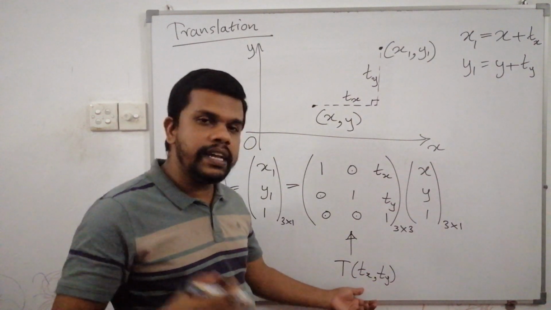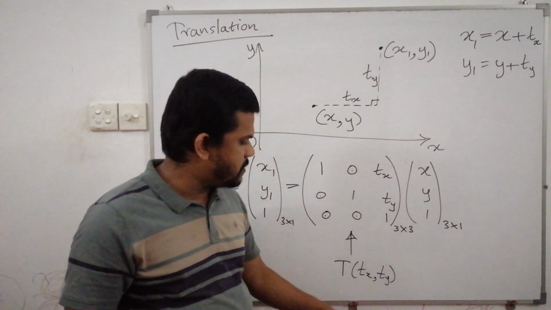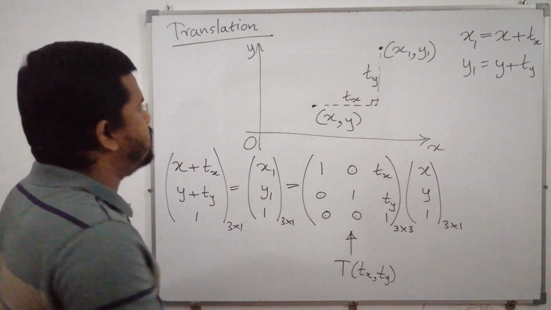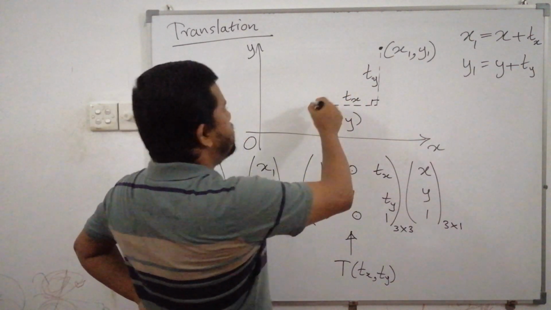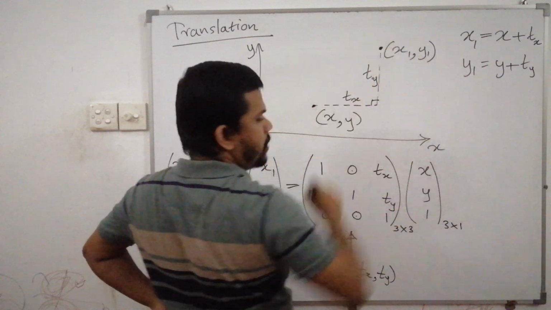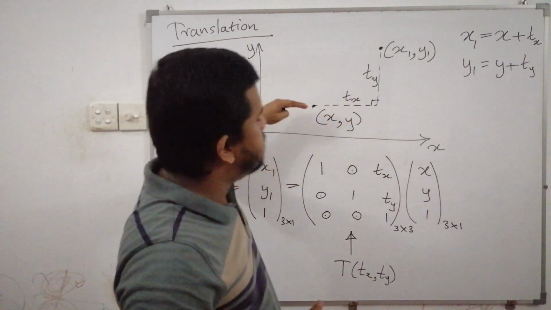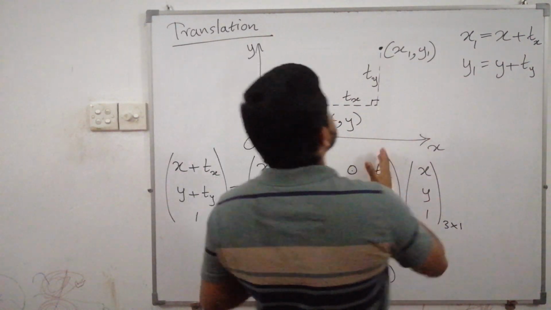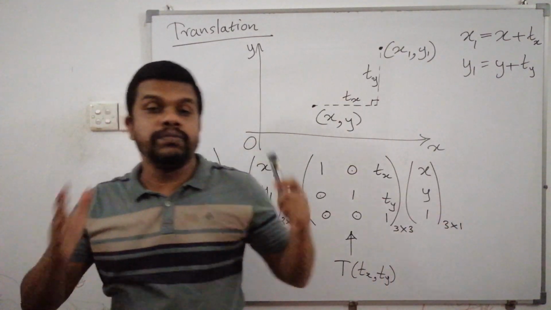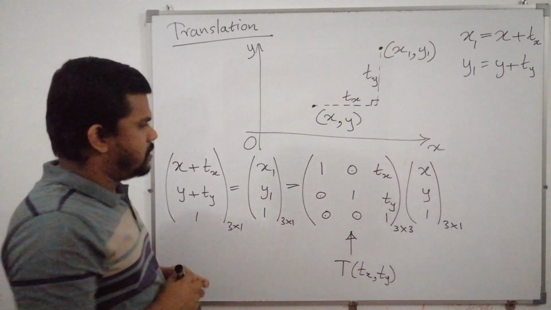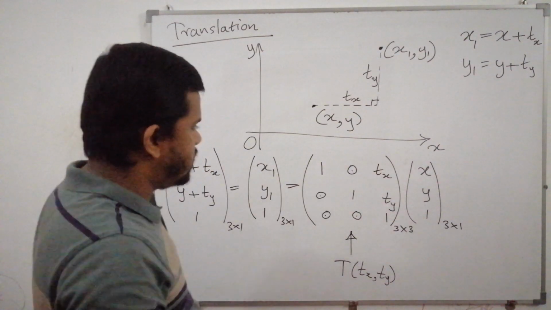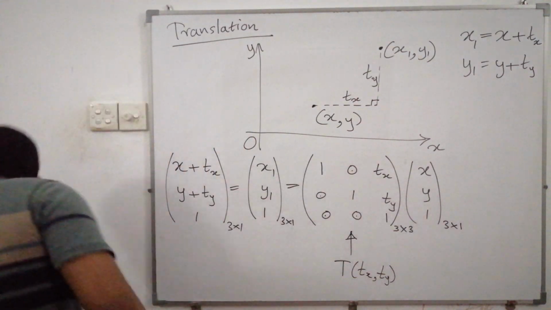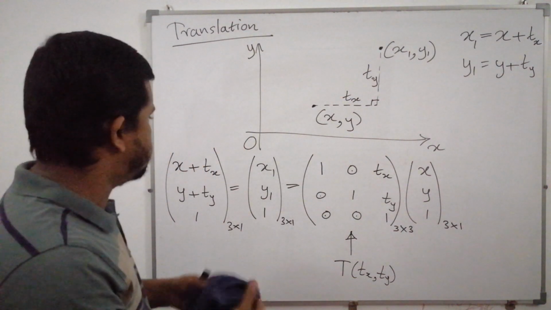This is the amount along the positive direction of the x-axis. This is the amount along the positive direction of the y-axis. That means here we say this point translates to this point by tx amount along the positive direction of the x-axis and ty amount along the positive direction of the y-axis. So this is our translation matrix. Now let's move to the next topic.